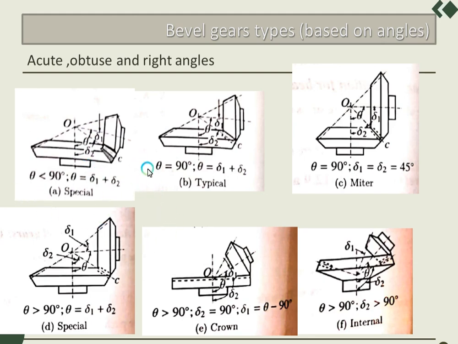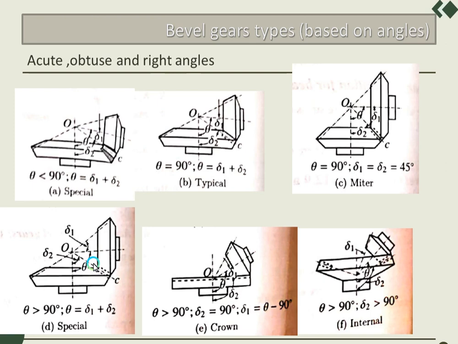Similarly, obtuse angle bevel gears are those where theta is greater than 90 degrees, the shaft angle at which the bevel gears are connected. We call that type obtuse angle bevel gears, where theta is greater than 90 degrees.